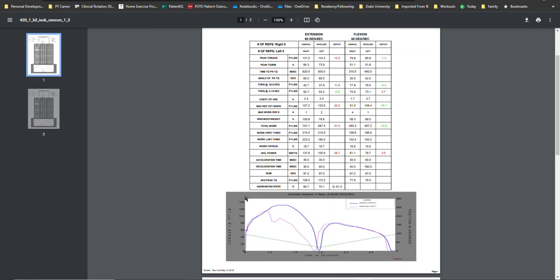Here's the example where you have your involved limb, that is the pink, to the uninvolved, which is his blue, which is his right leg. If we just stuck by the numbers that are often touted, his peak torque, the guy's looking pretty good, right? He's at 12.3, but when we look at max rep total work, he's at 22.